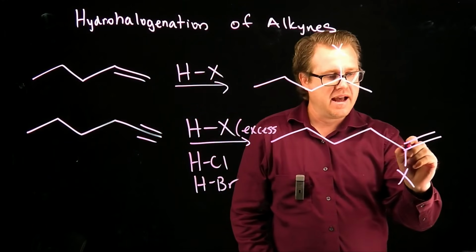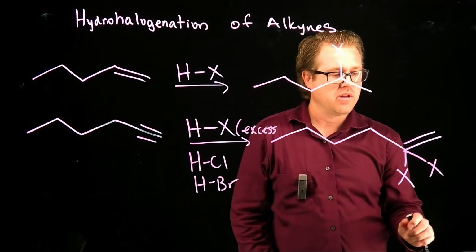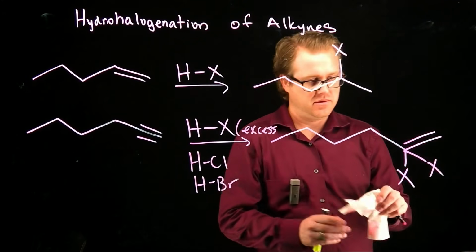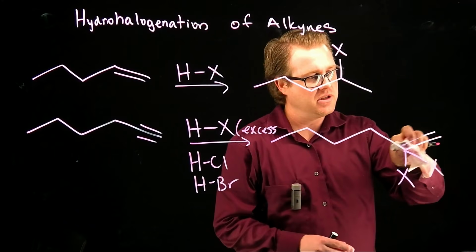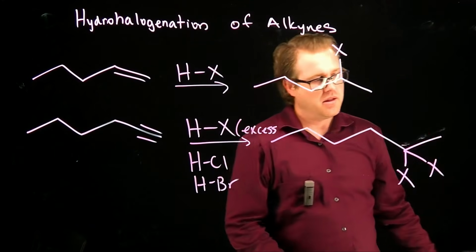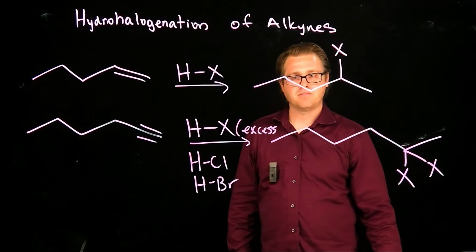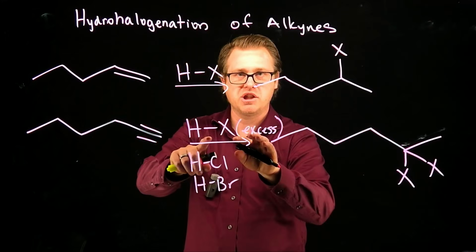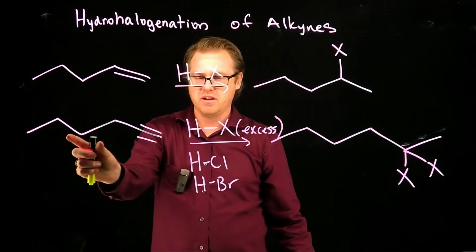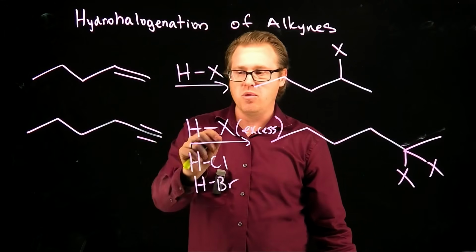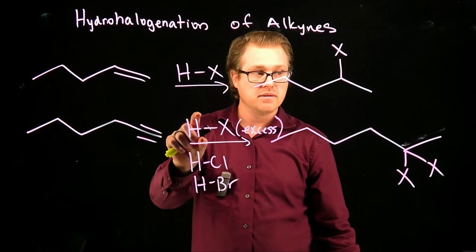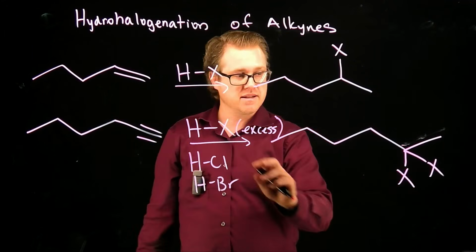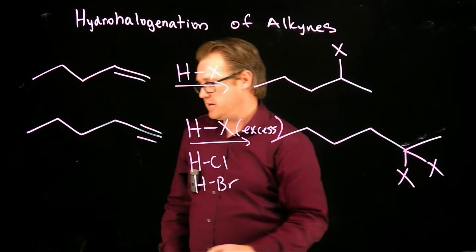And it's going to add both in a Markovnikov fashion and add the halogen there. So you have to pay close attention to the concentrations right here when you're dealing with an alkyne. If it's equal molar, like a 1-to-1, that only adds once, but if there's excess, it's going to add twice, like that.